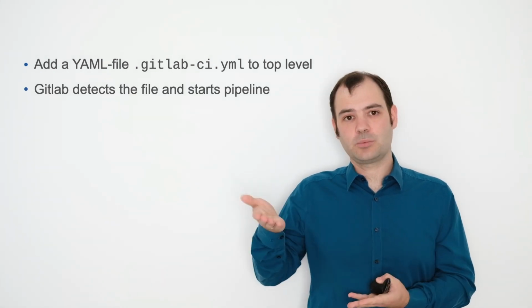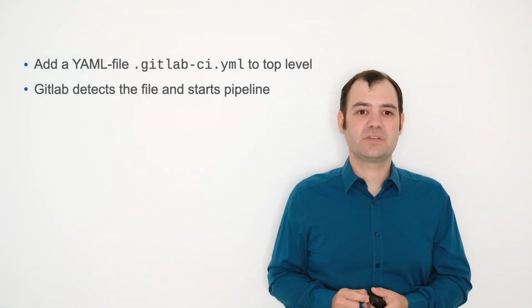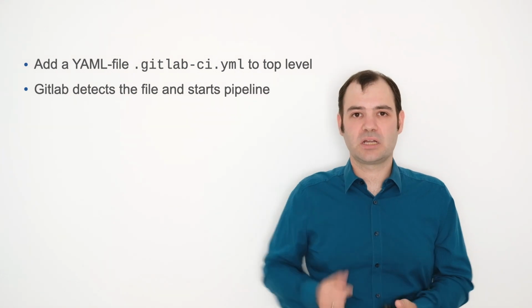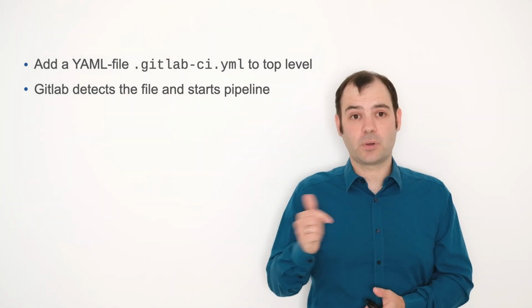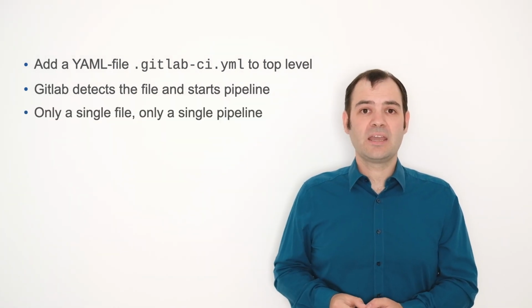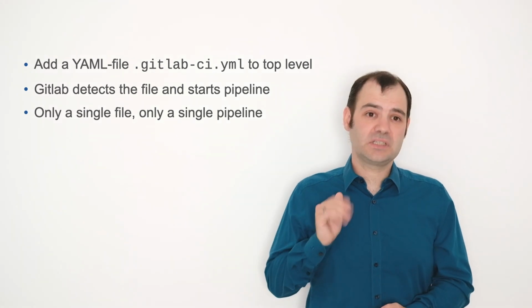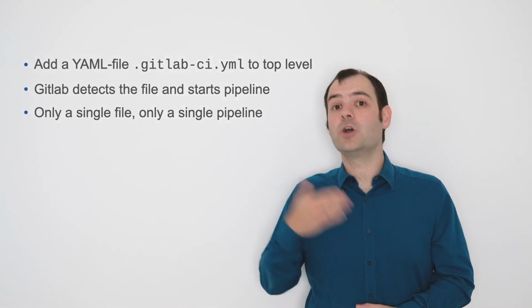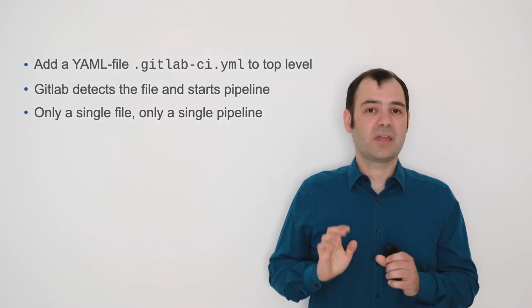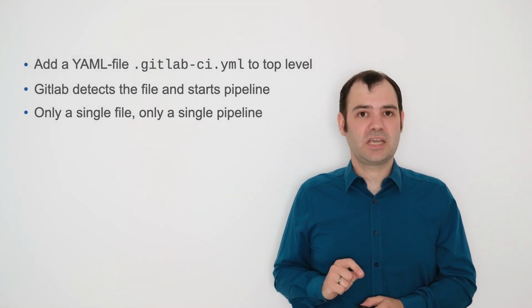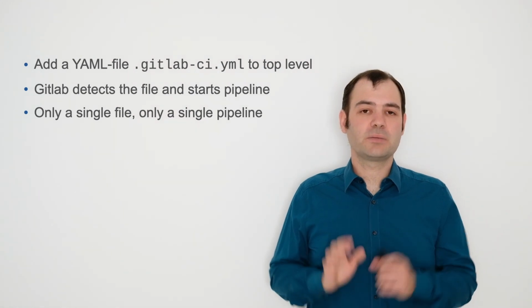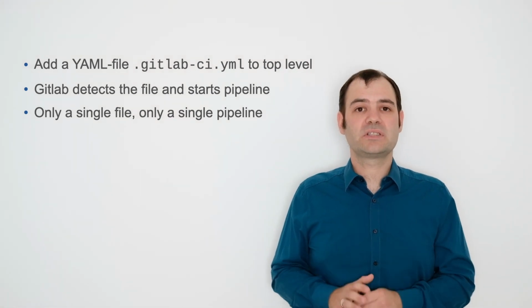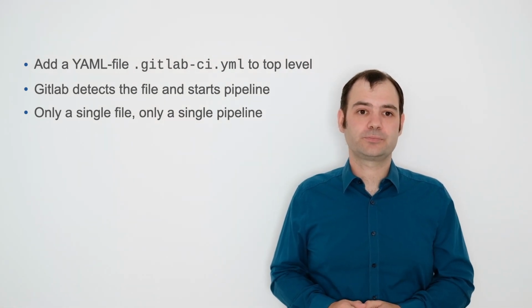And then GitLab will detect that this specific file is present and will start a pipeline from this file. As this file has a specific name, there can only be a single file of this, and therefore only a single pipeline. There are ways around this limitation, and I will come to that later, but most of the time, this one single pipeline is sufficient.